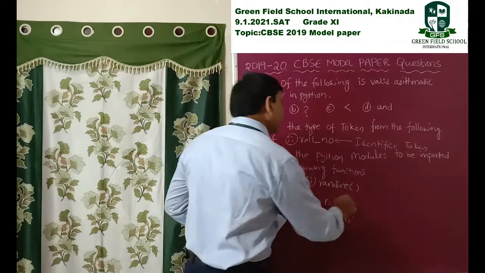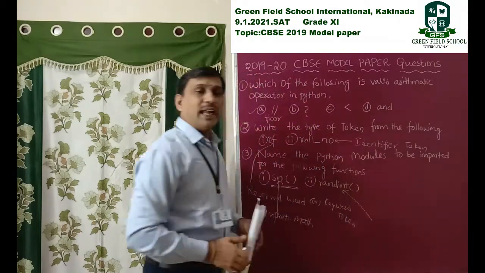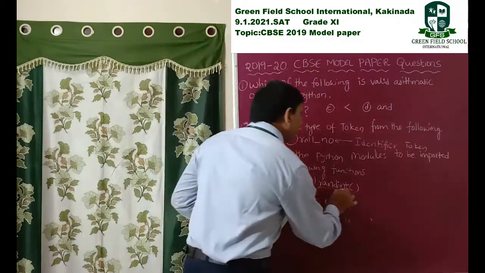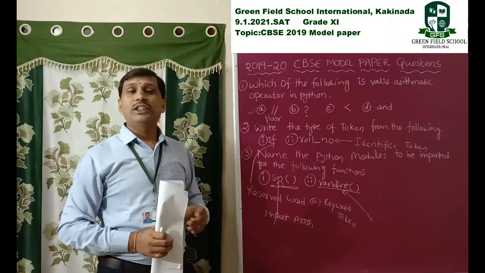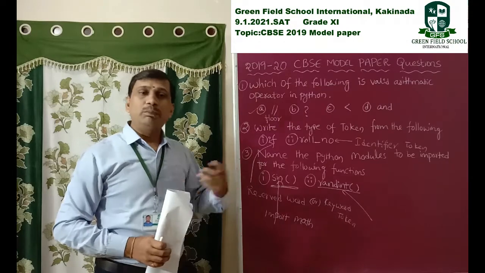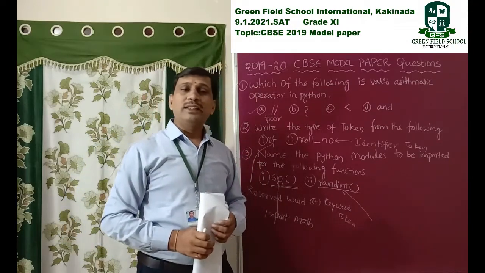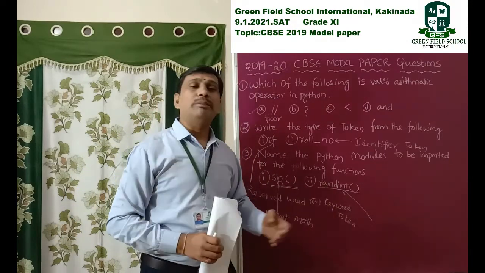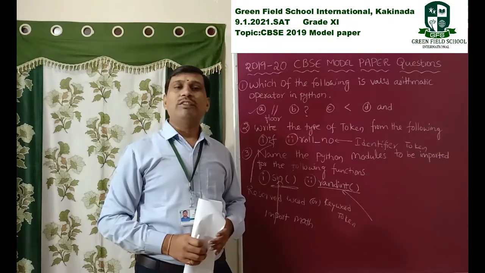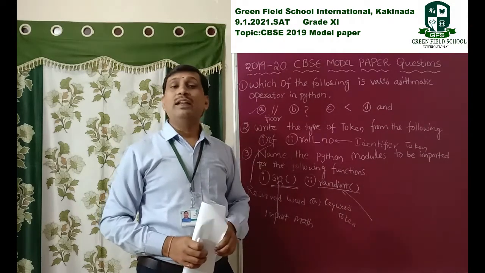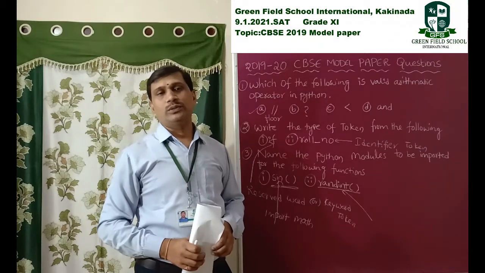Next, coming to randint. Randint is a method which is used to calculate random integer values. From some range of values, we select or pick one random integer value.